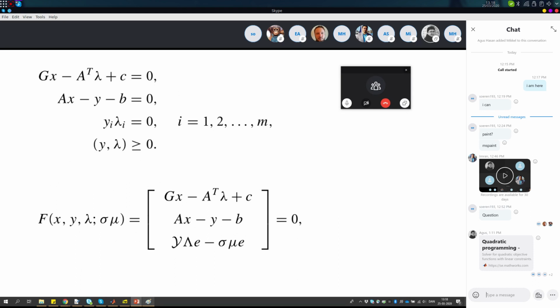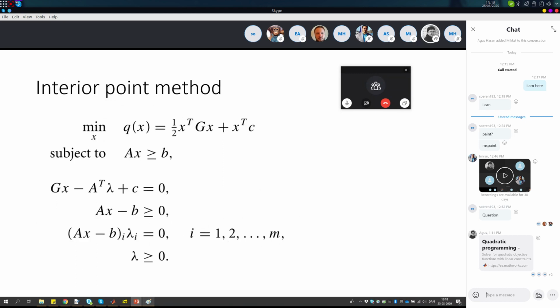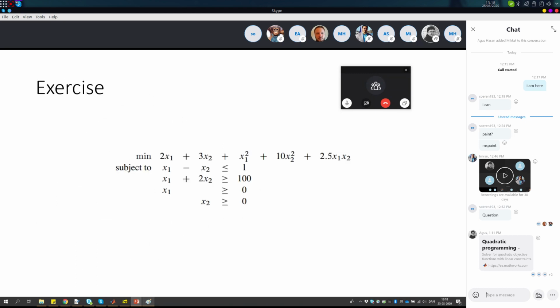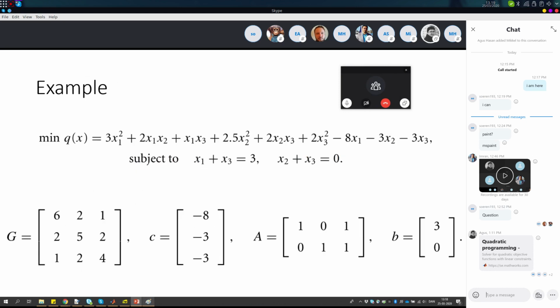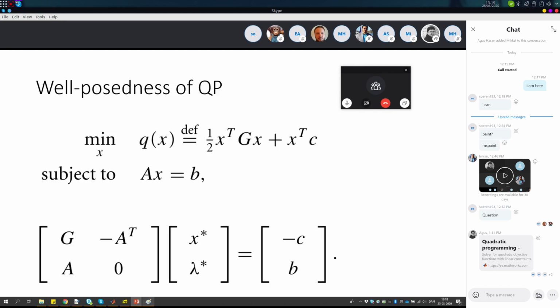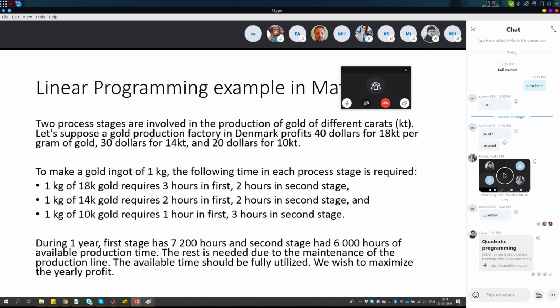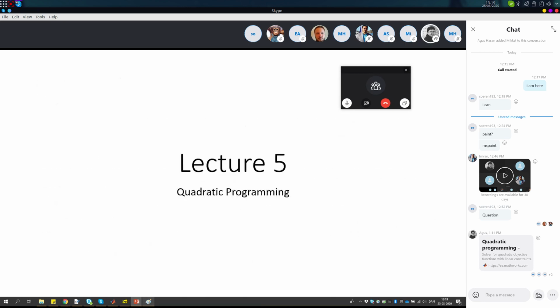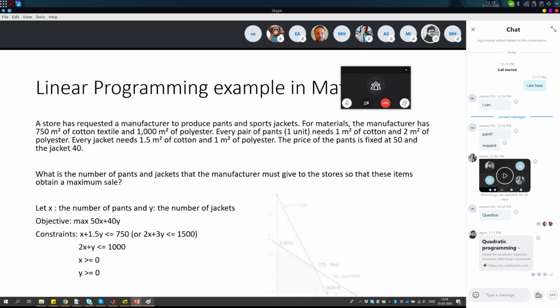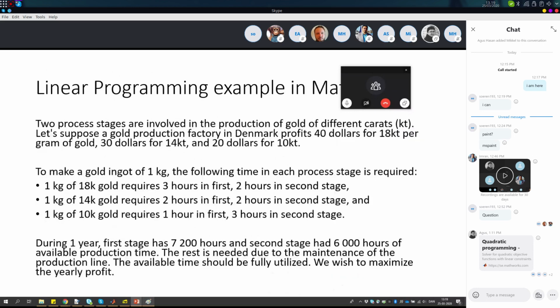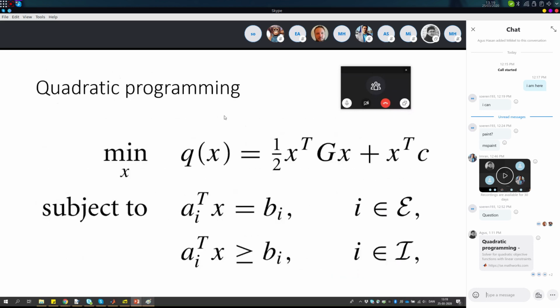So that's it actually for the basic theory about the quadratic optimization problem, or quadratic programming. You have a general form which is like this, and what we learned today is that if you want to make sure that this problem has a unique solution, then G, the Hessian matrix, should be positive definite.